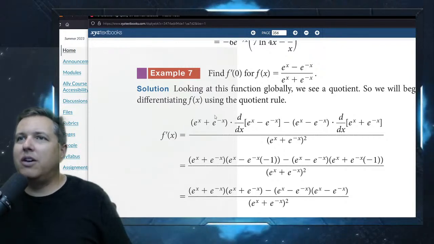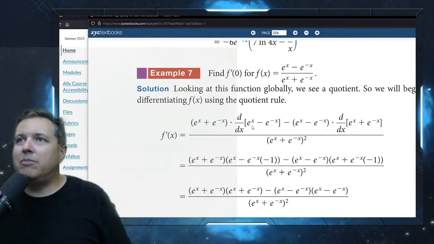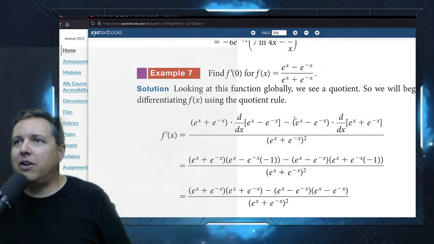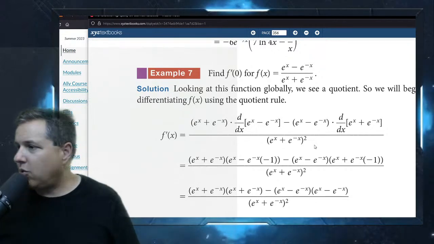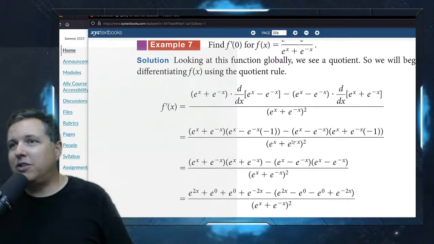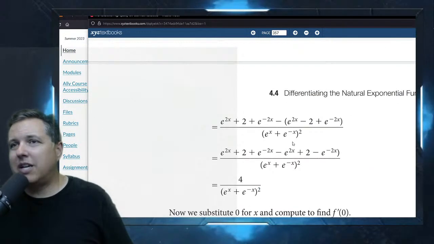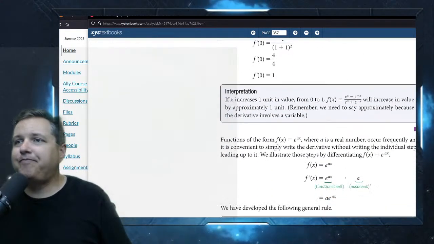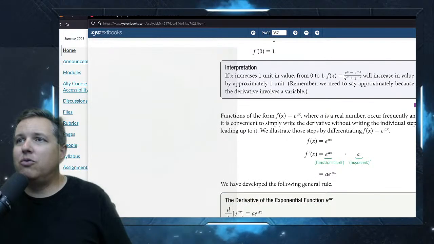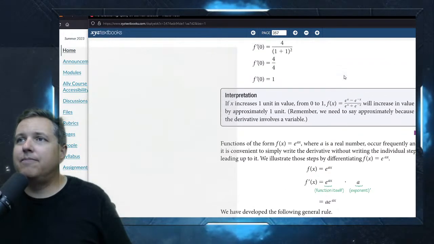You've got the bottom function times the derivative of the top function, minus the top function times the derivative of the bottom function, all over the bottom function squared. Then you just have a whole bunch of simplifying to do, which is kind of a pain, but you eventually end up with your formula. So nothing too complicated in that case.